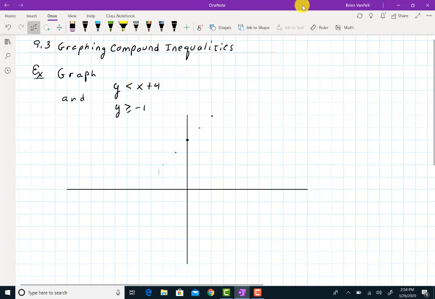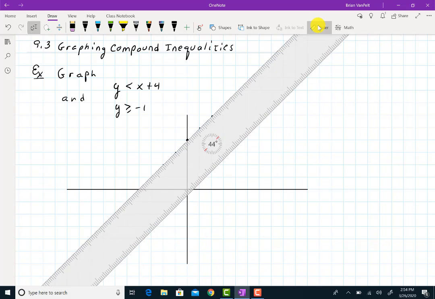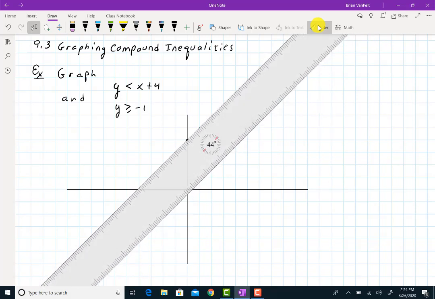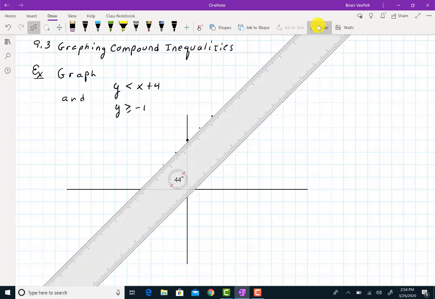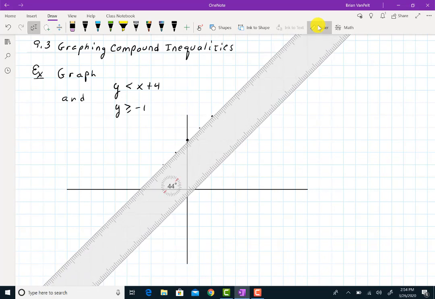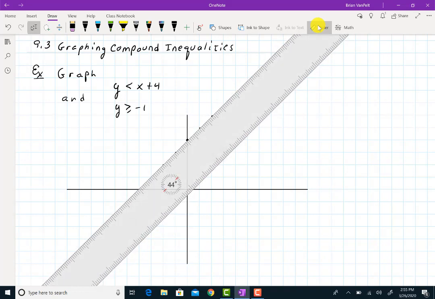What I'm going to do is try to make use of this ruler and see if I can get it just to where I want it. It's hard to do, but I'll see if I can. You can't do it one-handed. It is tricky, I'll tell you. That looks all right.